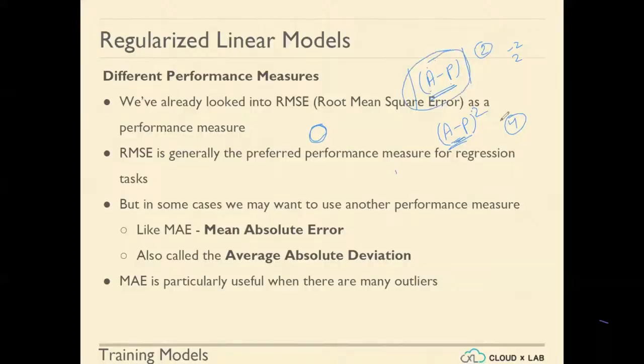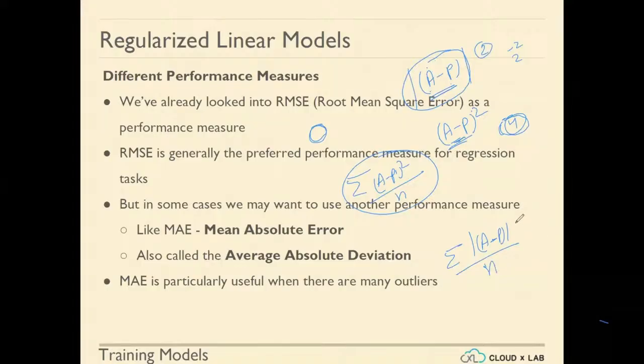So the model will try to fit the outlier points in such a way that this value reduces, because in squared error we take actual minus predicted, square it, and then average. In mean absolute error, we take the absolute value of actual minus predicted, sum it over all training examples and divide by n, the number of training examples.